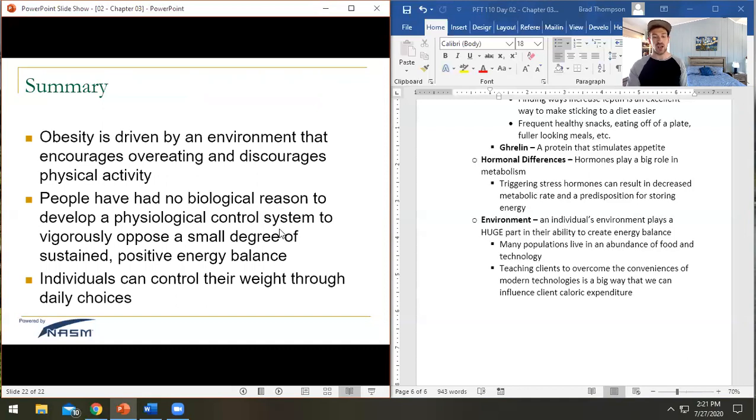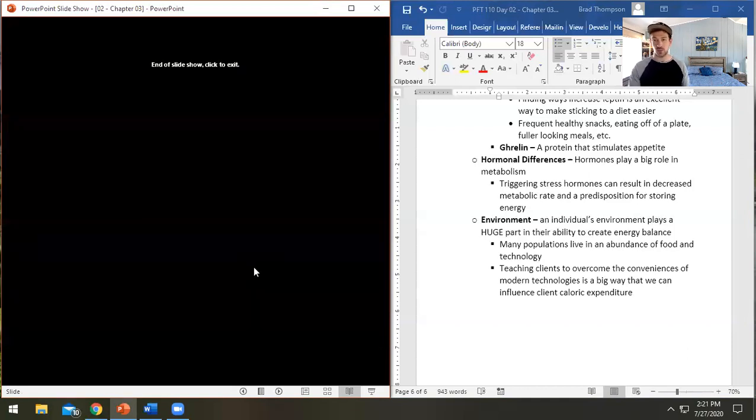And so all of that is great for us to be aware of, because now that we know it, we can tell our clients, and once our clients know, we can come up with a plan to counteract some of these things, right? We can come up with an action plan to address any of this. And so individuals, we can control our weights and our energy expenditures through our activity level and daily choices. So that is the physiology of weight control.